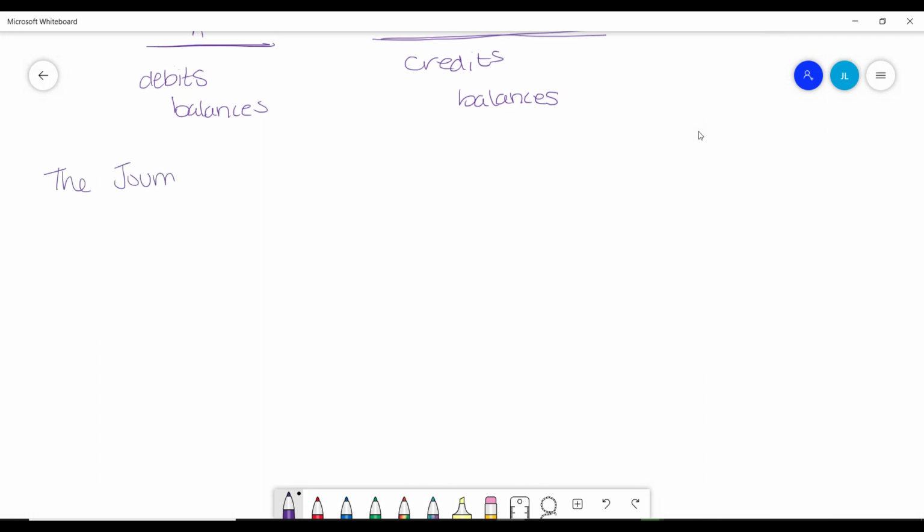Next up, the journal. Okay, what the heck is a journal? So when we gather accounting information and we initially record it by journalizing, this is done within the accounting journal. Basically it's a chronological record of all a company's business transactions.